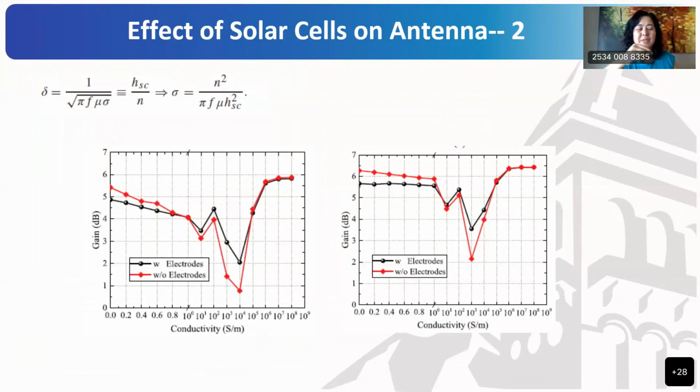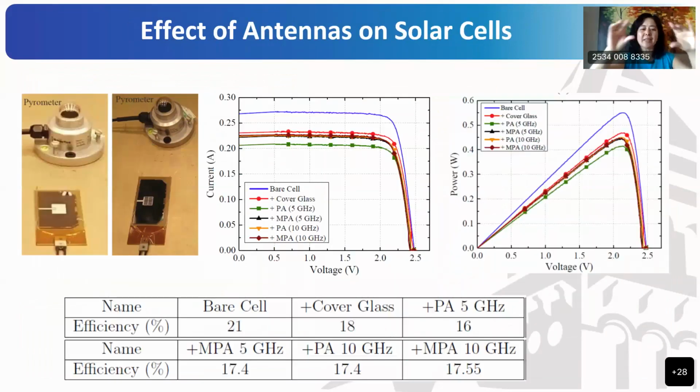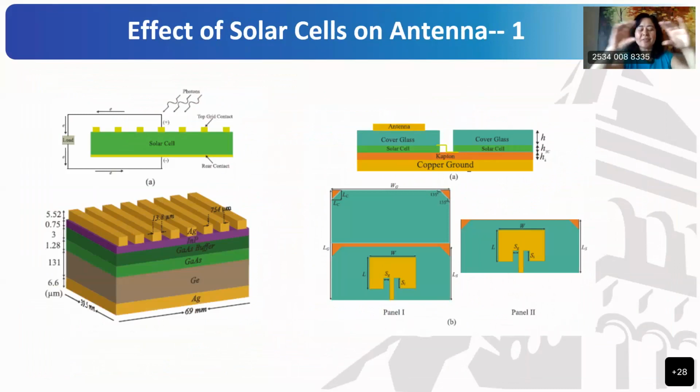In the previous picture, you don't have to go back, I showed you the solar cell has a layer of doped germanium, that's the semiconductor. And we have electrodes, the metallic lines to conduct DC current. So now we say, okay, how about those electrodes? When we consider the electrodes, let's go to the next page.